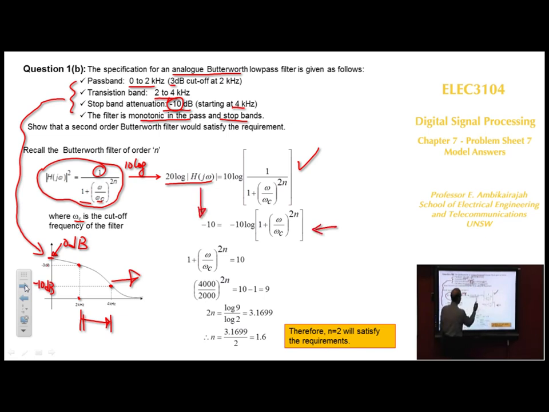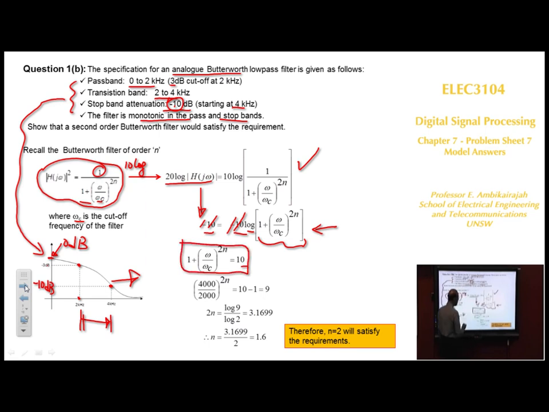This one is given as -10 dB, because that's our design. So we put -10 dB here, and the 1 and 1 cancel, so that much equals 10 to the 1, which is 10. So you got that part now.